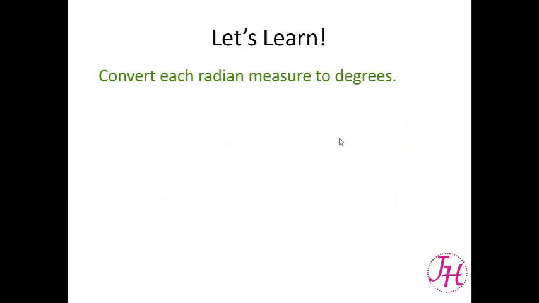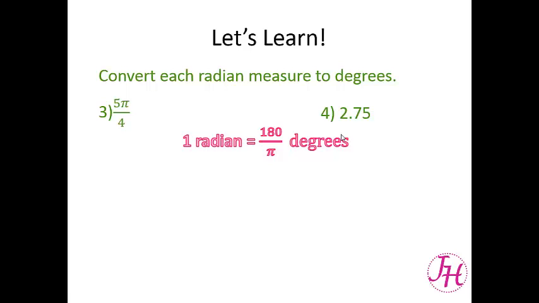Now we're going to convert each radian measure to degrees. And we have 5 pi over 4 and 2.75. Again, 1 radian equals 180 over pi degrees. So if we're going to convert to degrees, we multiply by 180 over pi. Basically, you want to get rid of the pi's in order to convert to degrees.